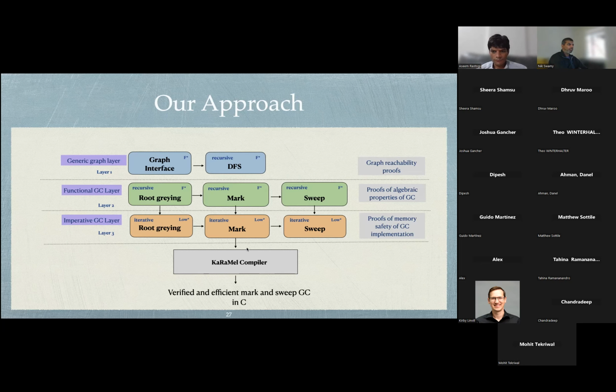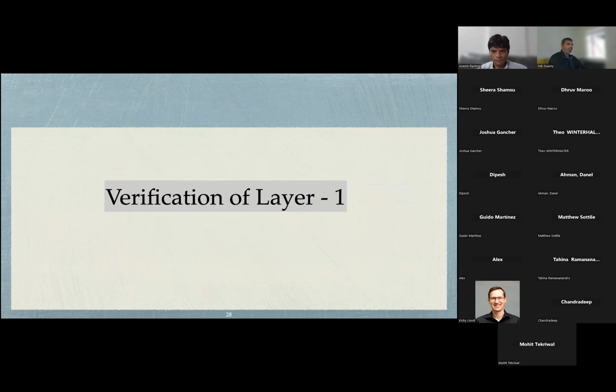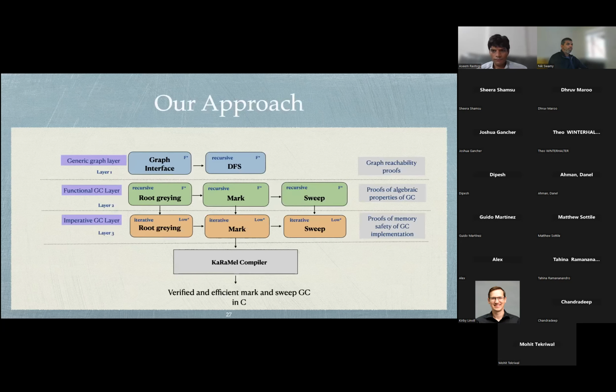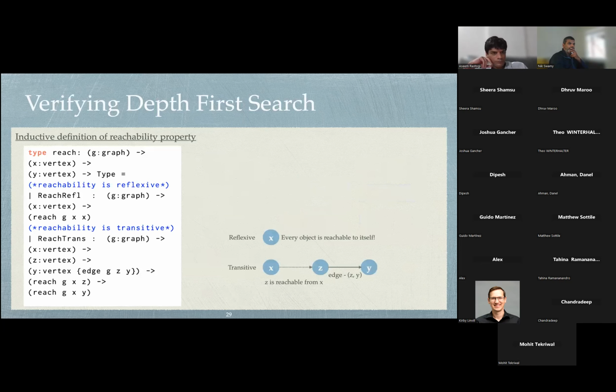So how we have done this, let us see. The first verification focus is to prove the reachability. For that, we have defined a reachability property inductively. Reach is an inductive predicate which takes a graph as input and two vertices x and y. There are two constructors, reach reflexive and reach trans.